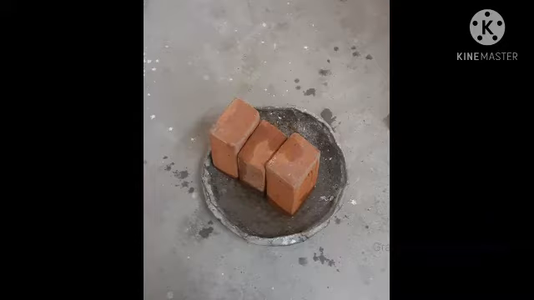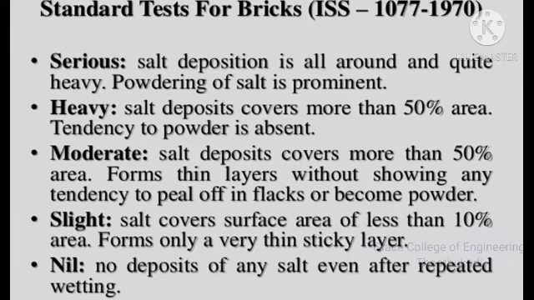If no deposit is found in the brick, the observation has to be recorded as nil efflorescence. If not more than 10% of the brick is covered with salt, we have to record it as light efflorescence.